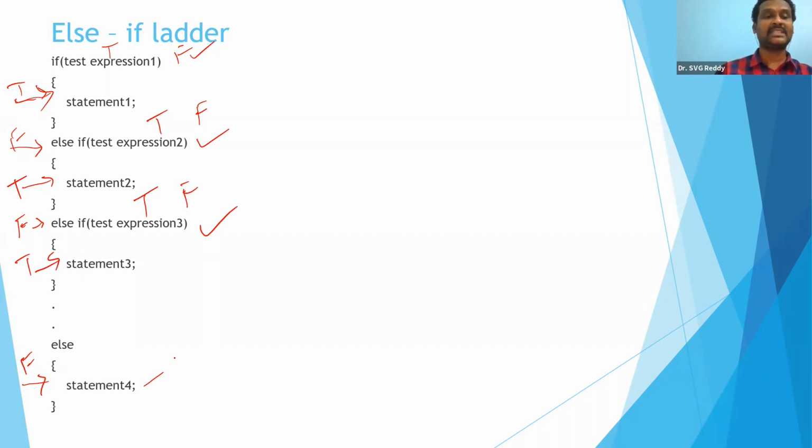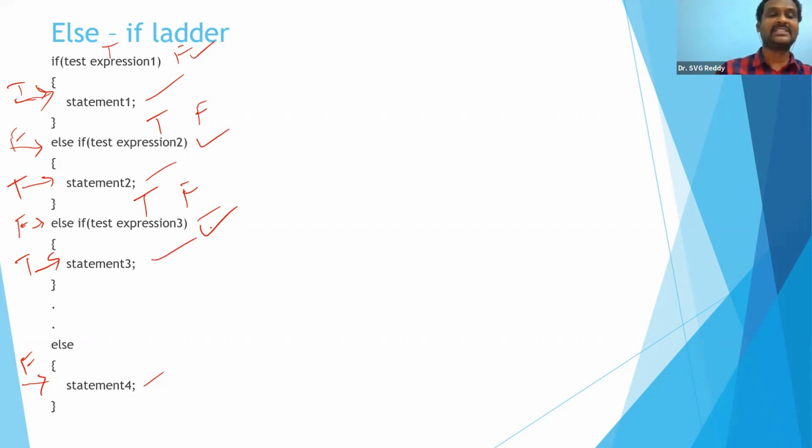Now let's review it once and refresh it. If test expression 1 is true, execute statement 1. If test expression 1 is false, it will come to the else if condition and check test expression 2. If test expression 2 is true, it executes statement 2. If test expression 2 is false, it will go to test expression 3, and if that is true, it will execute statement 3.